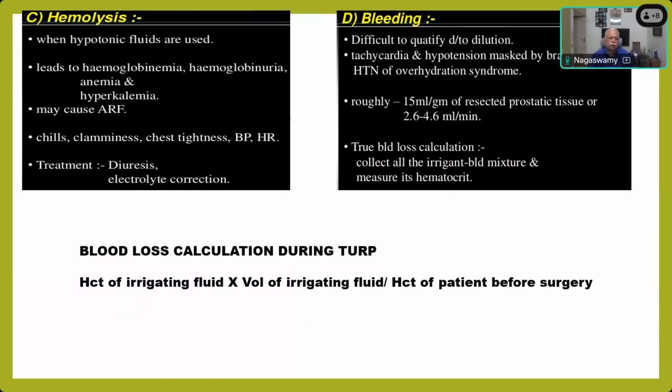So, not hemoglobin, hematocrit of the irrigating fluid multiplied by the volume of irrigating fluid divided by hematocrit of the patient. Not the hemoglobin value, but the PCV, hematocrit value.